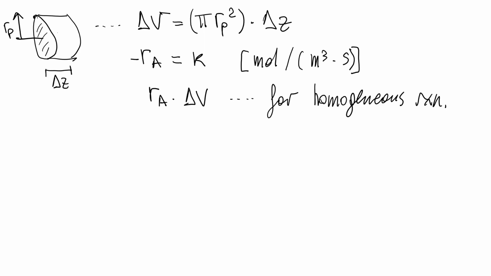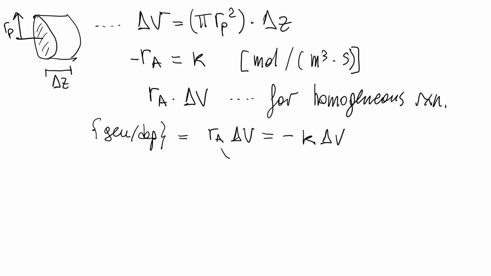So what this means is that our rate of generation or depletion in our mass balance term will be Ra delta V, which is negative k delta V. I'm substituting Ra here, which is negative k Rp squared pi delta z.